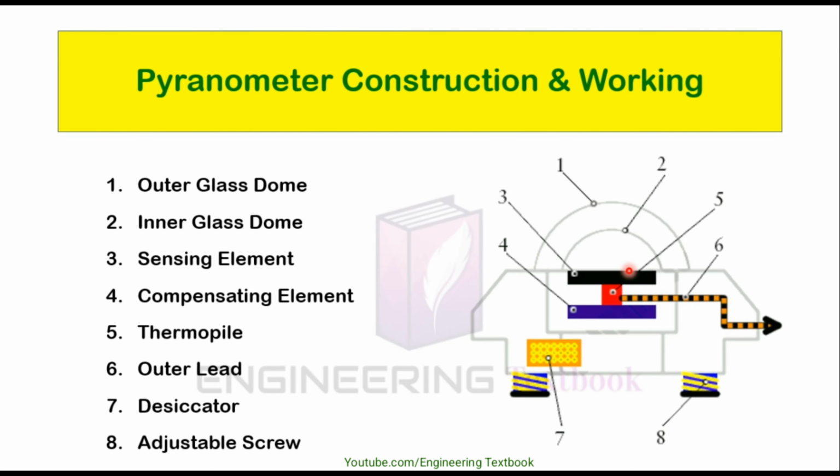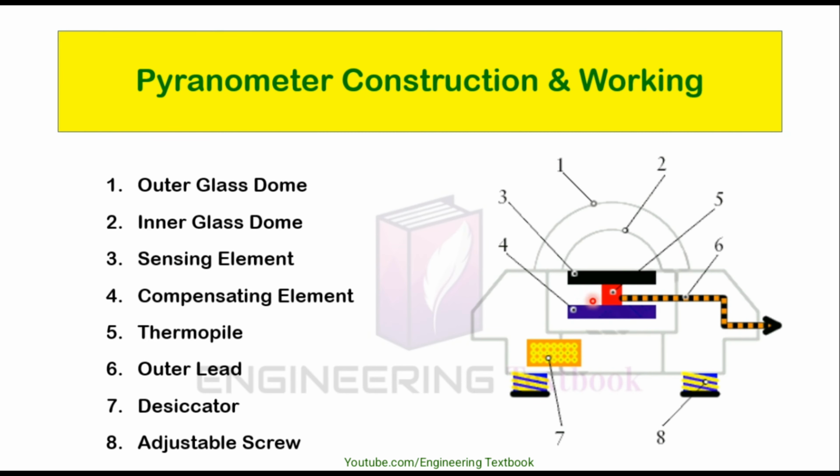The increasing temperature of the absorbing surface is detected by the thermopile mounted in between both the elements, that is the sensing element and compensating element. The thermopile generates a thermo-electromotive force, that is EMF, which is proportional to the radiation absorbed, which means the amount of radiation is equal to the amount of EMF generated.